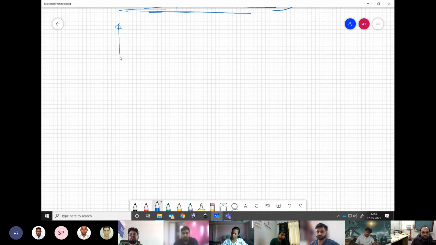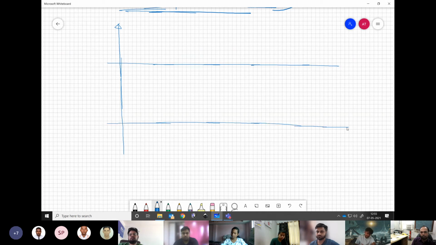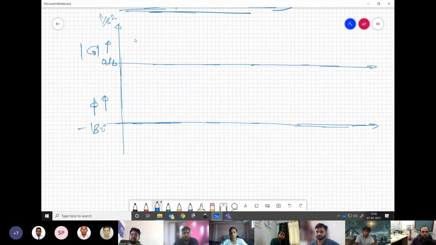So the gain and phase plots of the system, if we go for, what is happening when we have 1 by s square in the beginning?